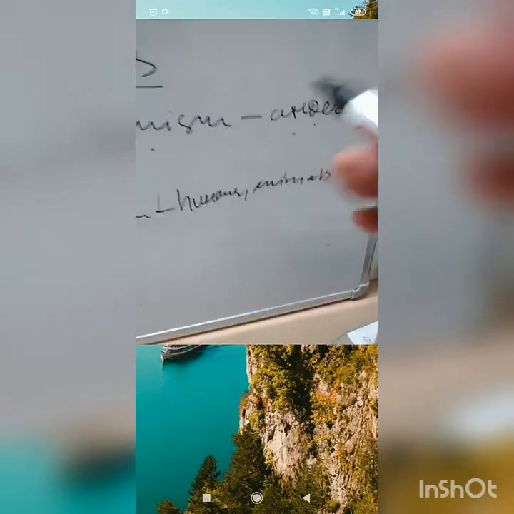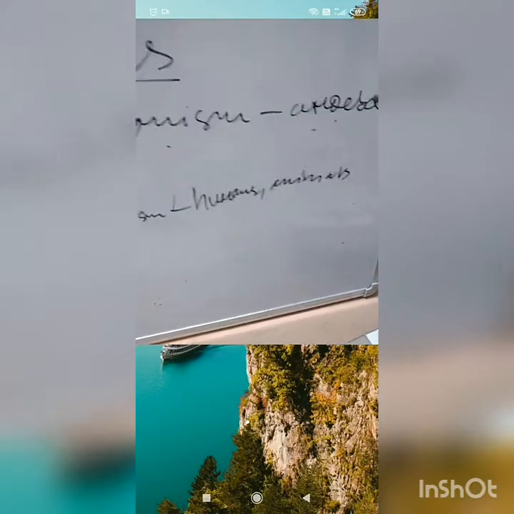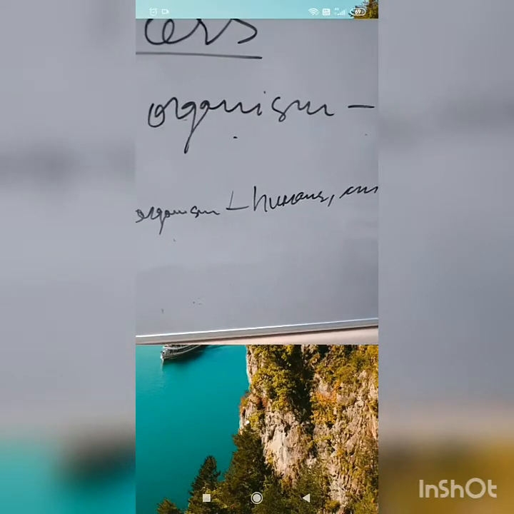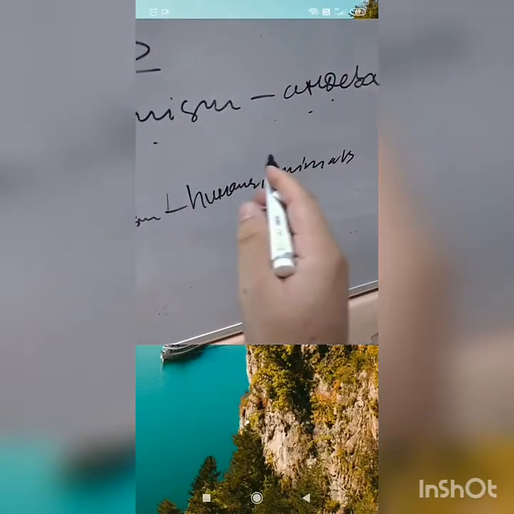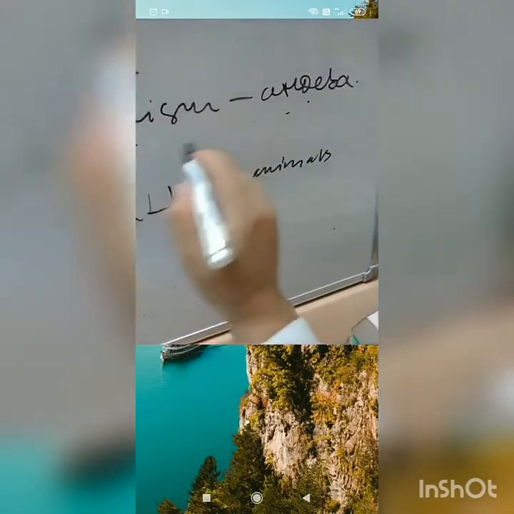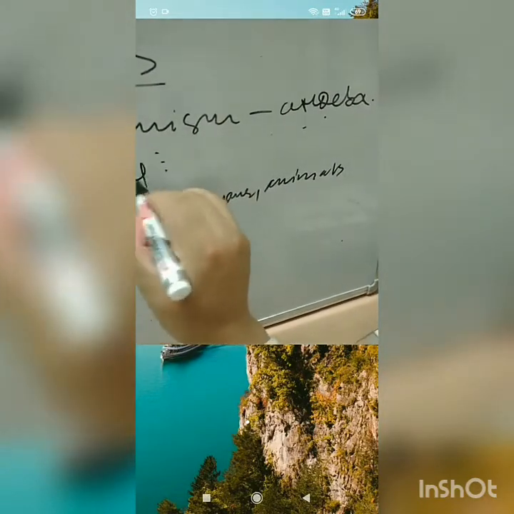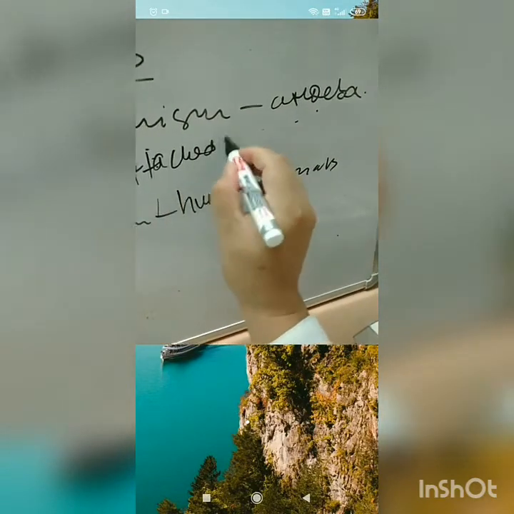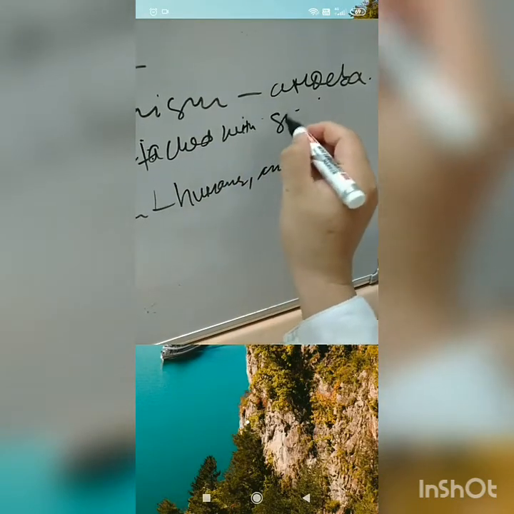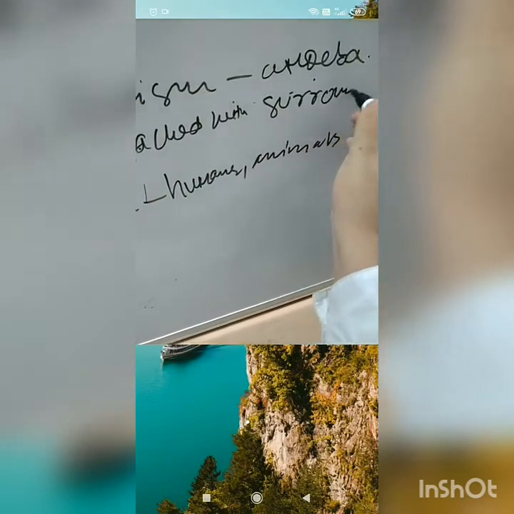But in the case of amoeba, gaseous exchange and food intake through specialized tissues are not required, because the entire body of the amoeba, a unicellular organism, is in contact with the surrounding environment.